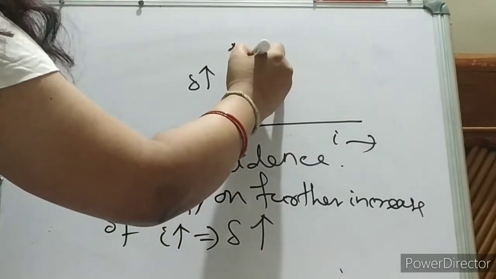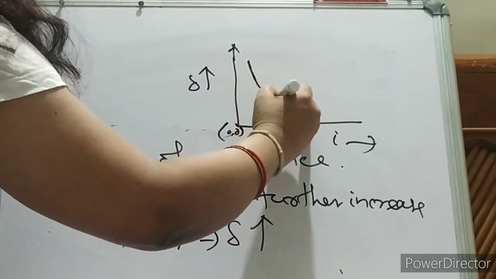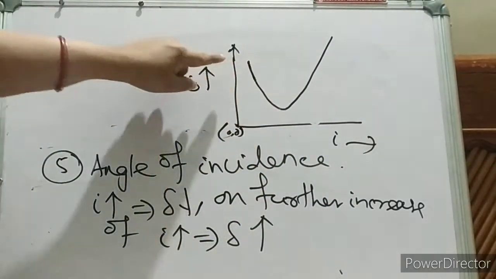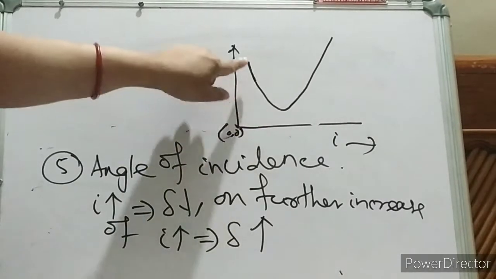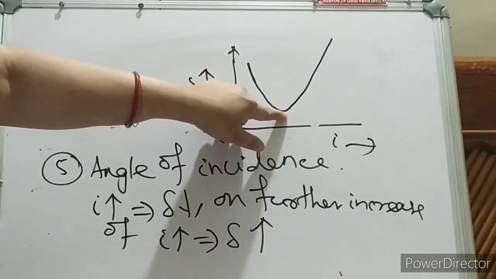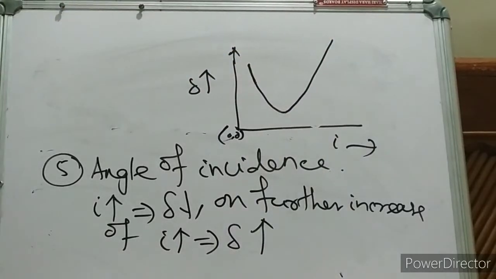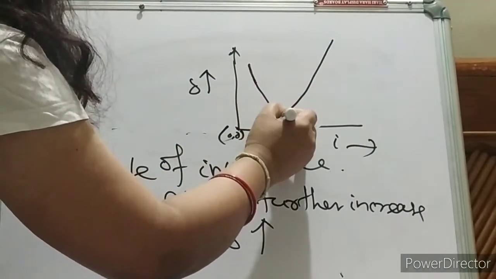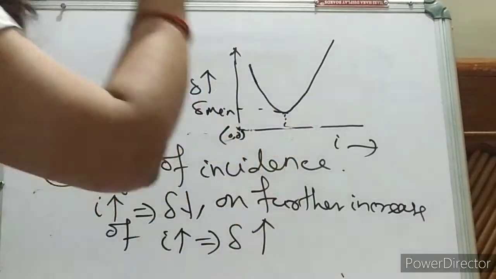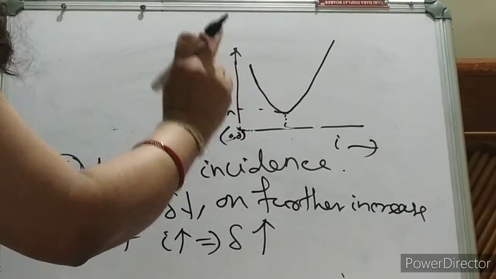Now when you increase the angle, you will see the deviation is decreasing, and after a certain point, when you increase the angle of incidence, you can see your deviation also increases. And this point is your delta minimum. This is the minimum deviation.